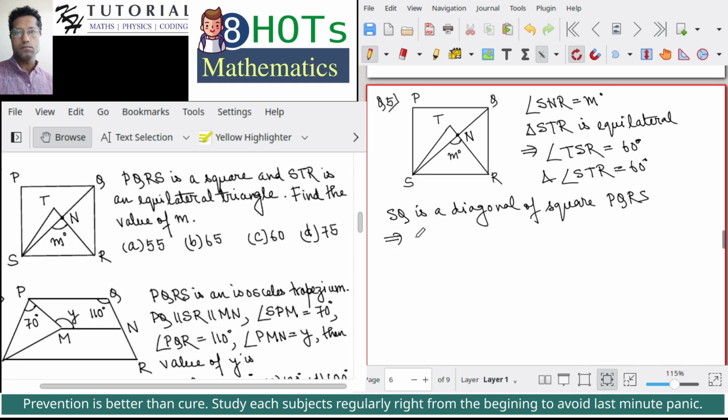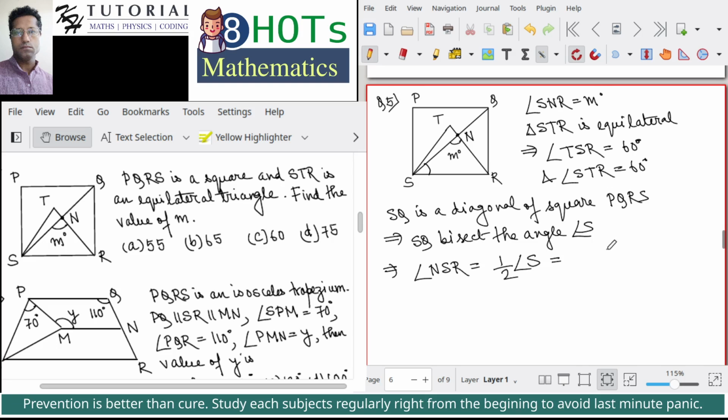This will imply SQ bisects the angle S. So this angle, angle NSR, will be equal to half of angle S.